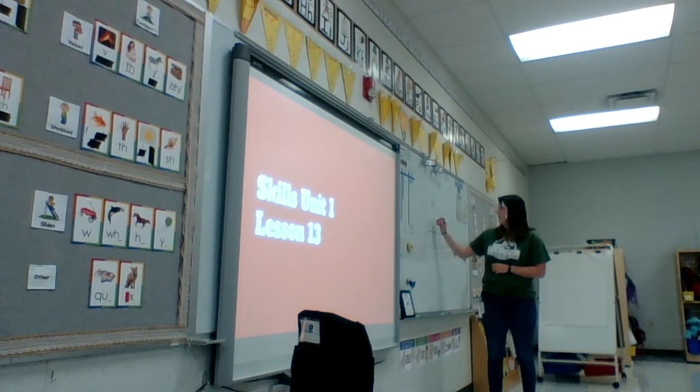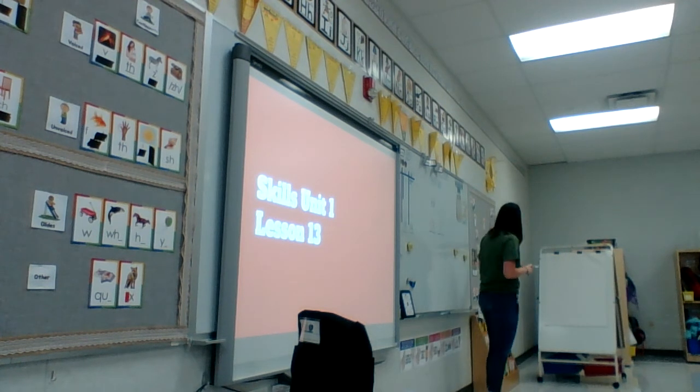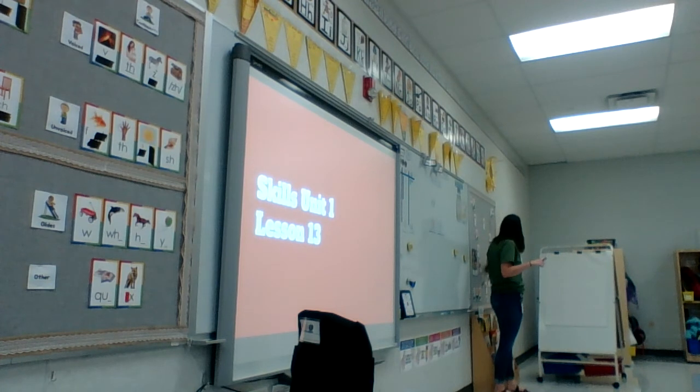So, we have an A that says the ah sound. Now, we haven't learned it yet, but if we're finding it on our sound wall, there's this one in saw. Apple?